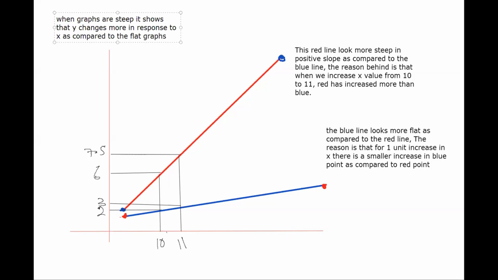This is a topic that we'll study in our course, that sometimes graphs are both positive, one is steep and one is flat. The property of a steep graph is that it will increase more in y, and it will increase less in y if the graph is flat. So this way we differentiate between a steep and a flat graph.